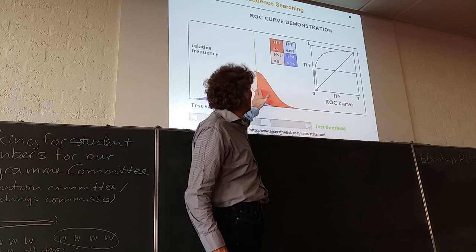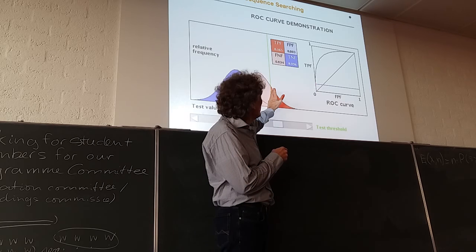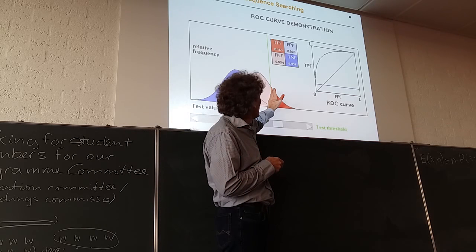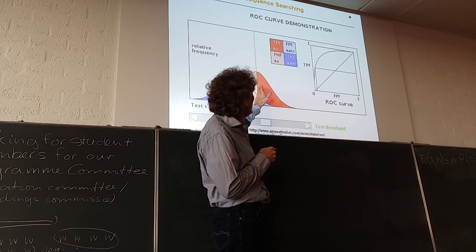So if you shift it up, you're over here, you're not predicting much, but they're all correct. They're all correct, you're also not making many errors, right? So being correct, you're over here, making errors, you're over there. If you want to predict more, you have to lower your threshold.